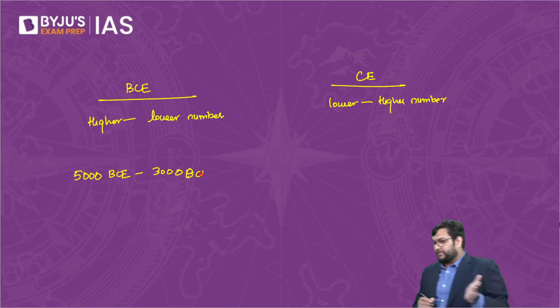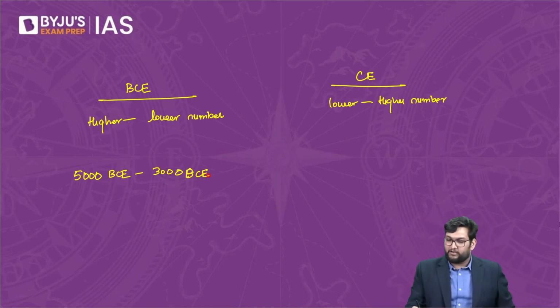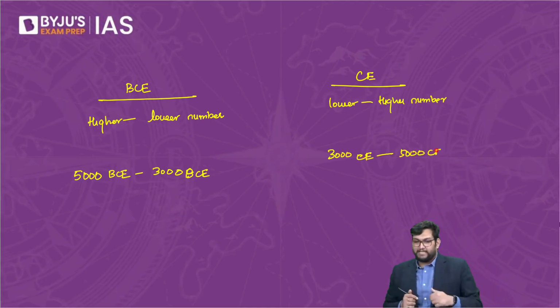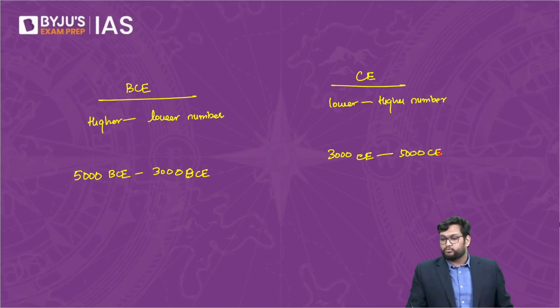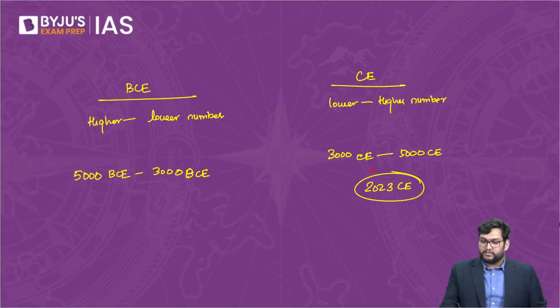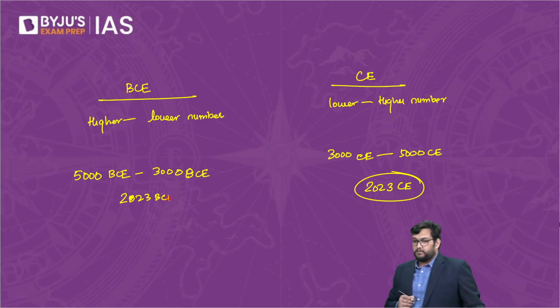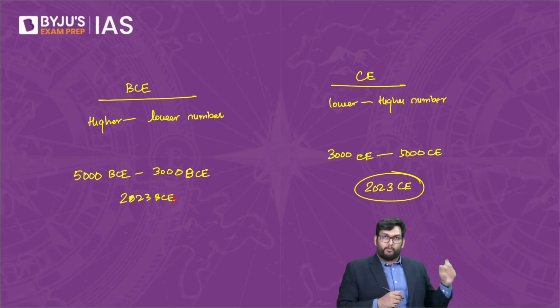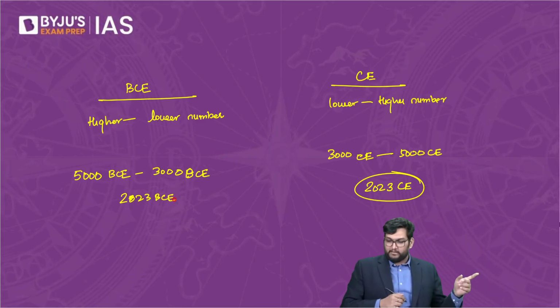But if I have to write in CE, I will write it 3000 CE to 5000 CE. Basically, you and me are right now in 2023 CE. But there has been a 2023 BCE also. CE is Common Era, BCE is Before Common Era. We had this discussion.